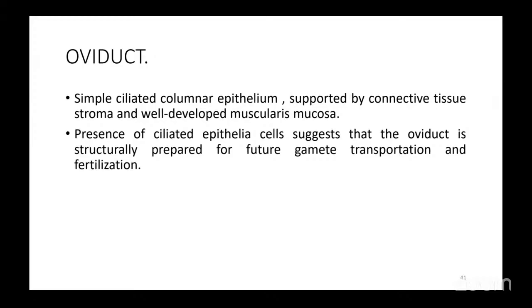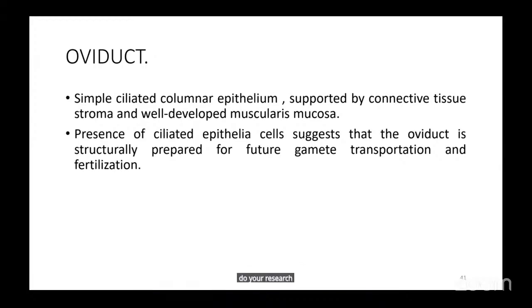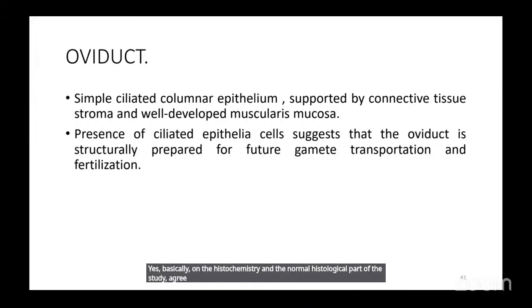Okay. So, what can you conclude from your work, and based on other previous studies? Yes, basically on the histochemistry and the normal histological part of the study, I agree with other researchers.